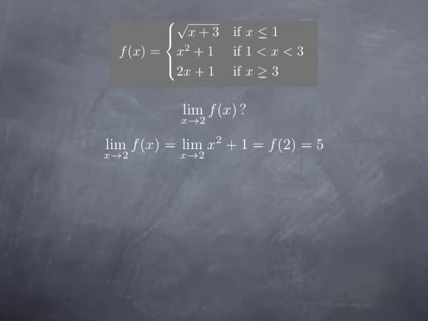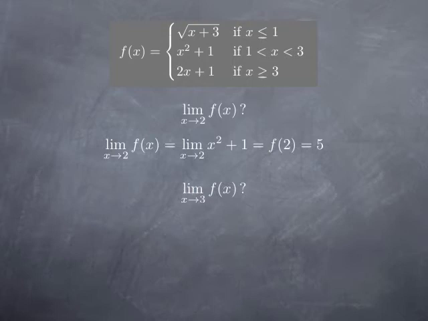So you see that even though the function is defined piecewise, there is no need for the use of one-sided limits in that case, where the function is defined by a unique expression on some small interval around the point. On the other hand, if we look at the limit of f of x at 3, you see that the function is defined by different expressions, whether x is less than 3 or x is greater than 3.